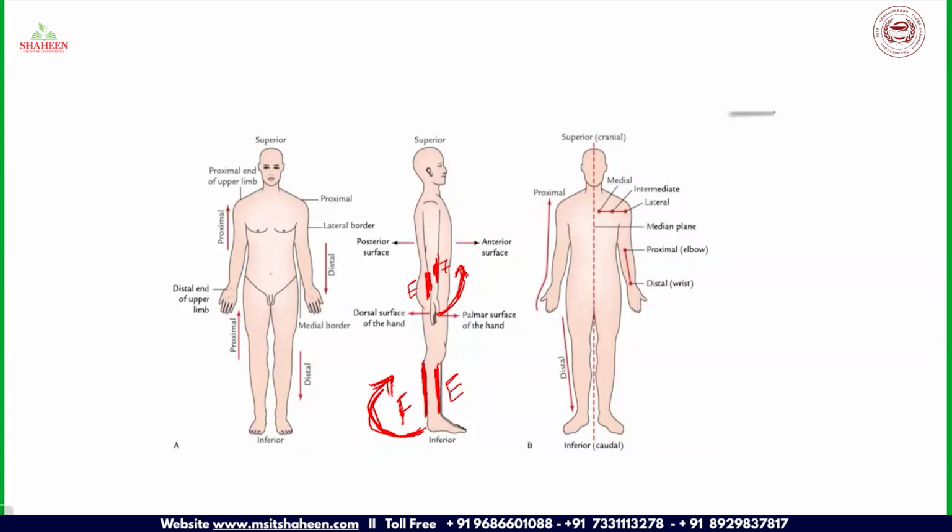And all the flexor muscles of your lower limb are placed at anterior or posterior? Posterior. Just like all the extensors of your forearm are placed at the posterior aspect of the forearm, and all the extensors of your leg are placed at the anterior aspect of your lower limb. Okay?